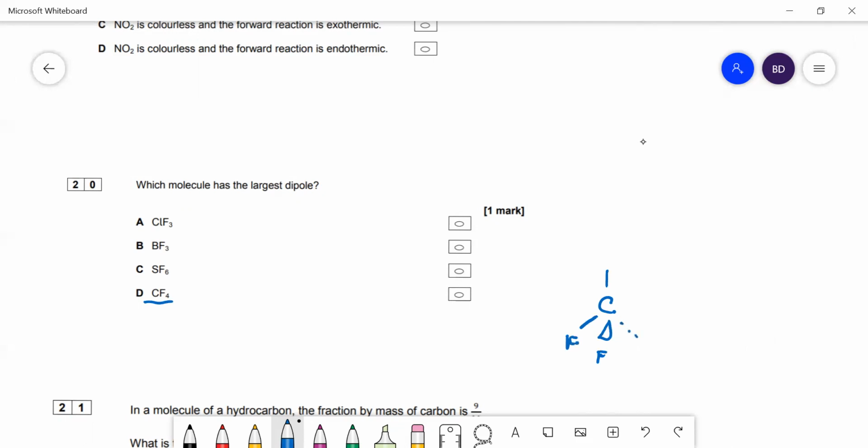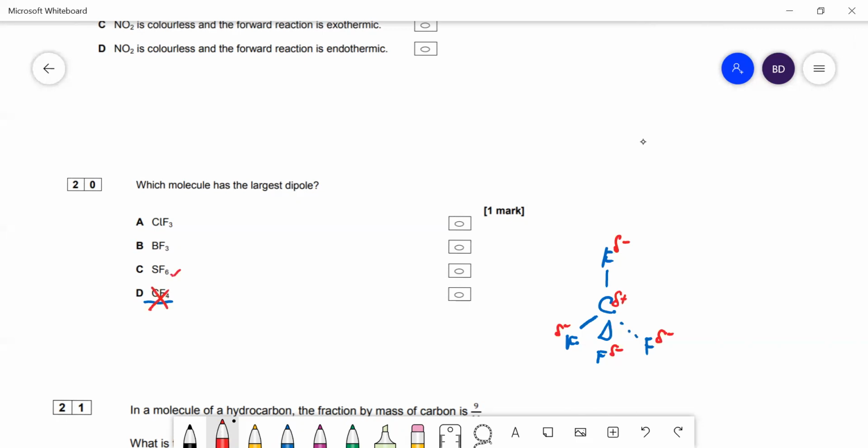So CF4 has no dipole. You have got partial negative charges on the fluorines, but they are all pulling against each other, and so there is no dipole. Okay, so that's not it.